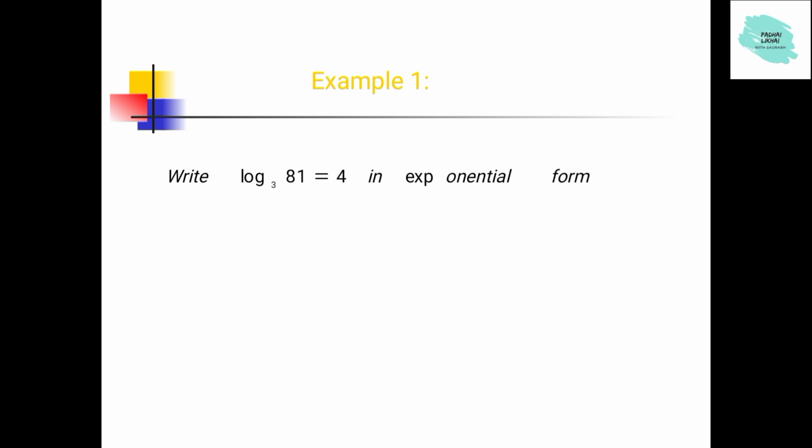Now we move to another form of question. Here we have to write the log form into exponential form. Previously we discussed exponential form to log form; here we will discuss log form to exponential form. It is very simple. Just find a cyclic pattern. This is base, this is value, this is exponent.